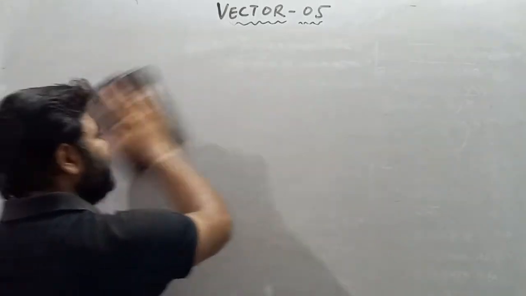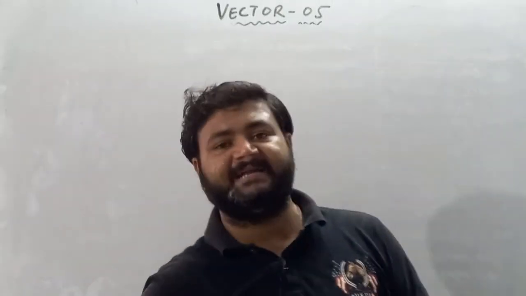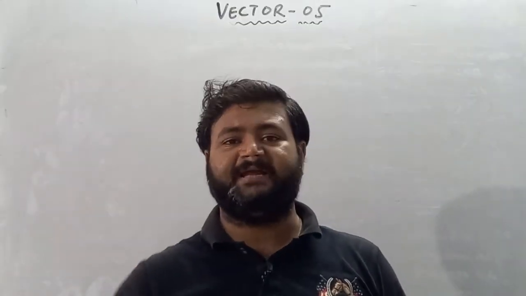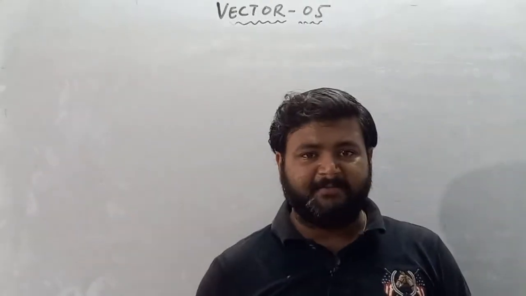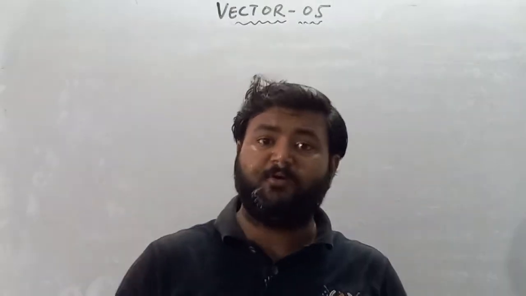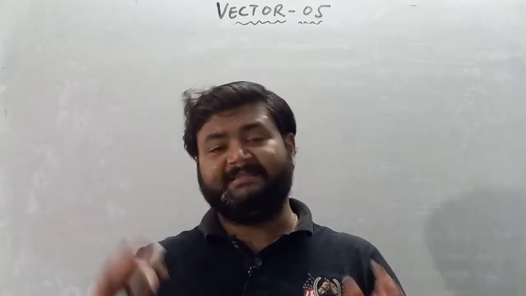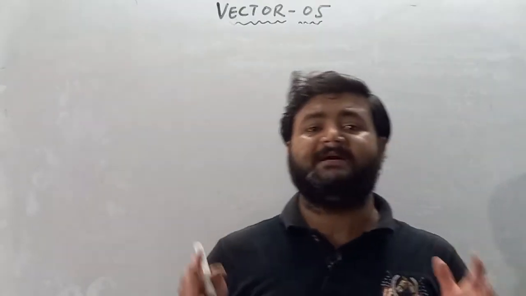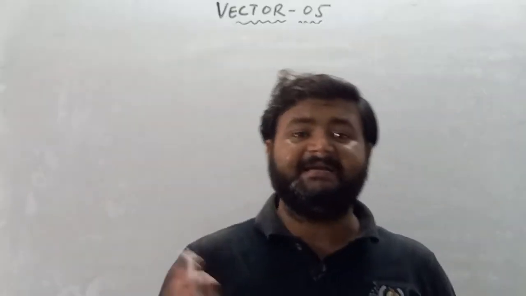This is basic vector. There are lots of laws in vectors which we'll study after completing the first law of motion. Once we come to motion in two dimensions, or motion in a plane, we'll discuss more about vectors and all the laws related to them.